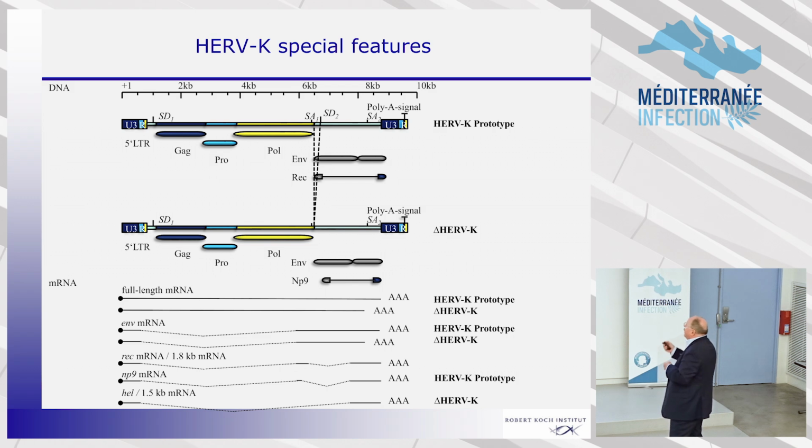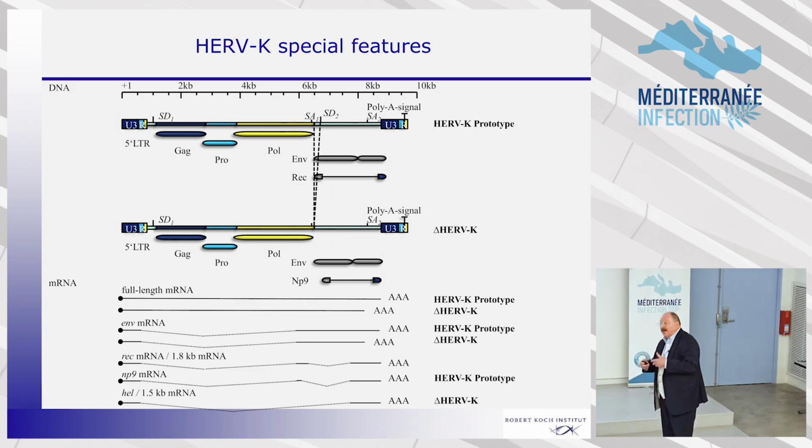Here is HERV-K, which we studied in more detail. It is a more complex virus. It has additional genes in addition to GAG, POL, PRO and ENV. There is REC.